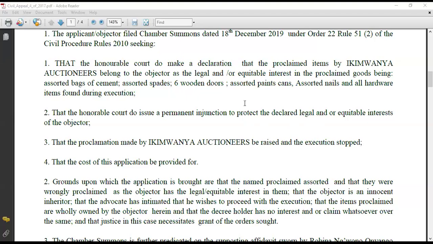So it's originating summons and supporting affidavit. That is what was required for you to draft.